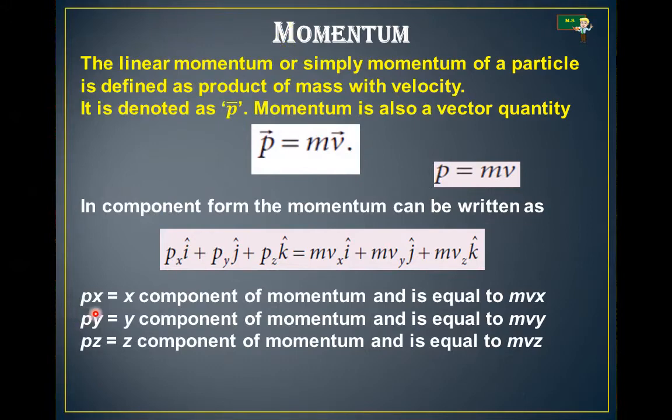Here Px is the x component of momentum and is equal to m vx. Py is the y component of momentum and is equal to m vy. Pz is the z component of momentum and is equal to m vz. The unit of momentum is kg m s minus 1.